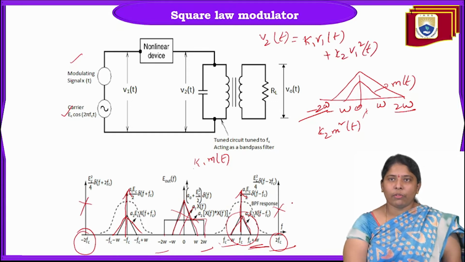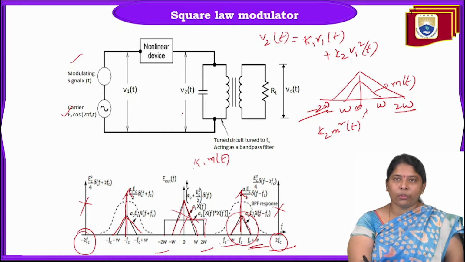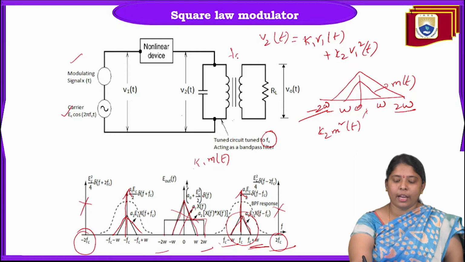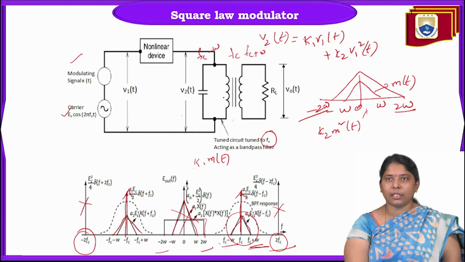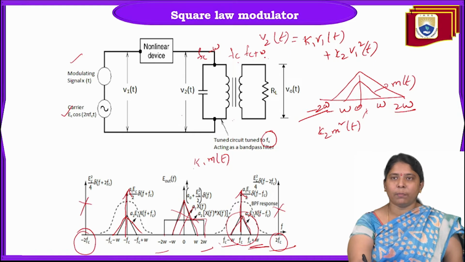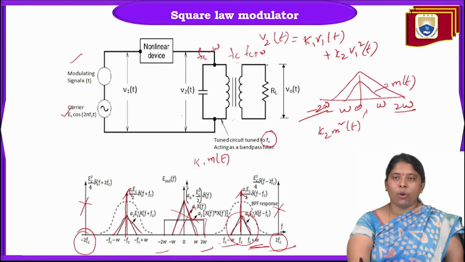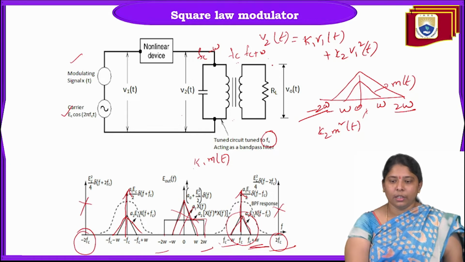And V2 of t is given to a tuning circuit tuned to the carrier frequency. This tuning circuit is designed such that it allows Fc to Fc plus W and Fc to Fc minus W, the carrier and surrounding sidebands. Only this is allowed by this filter.